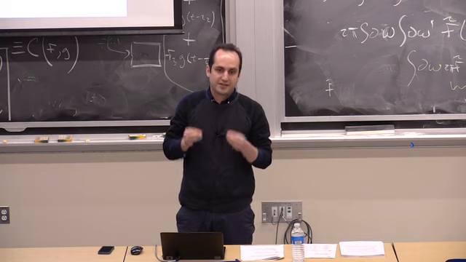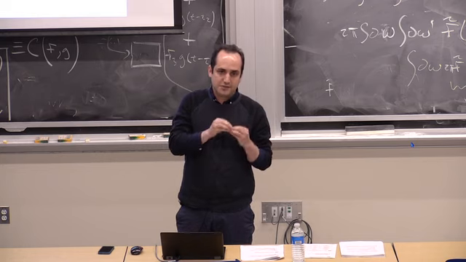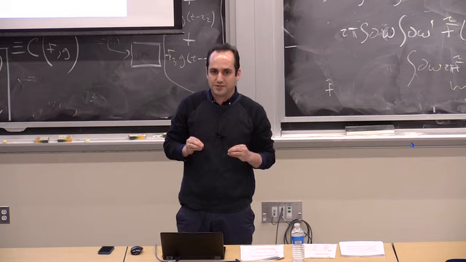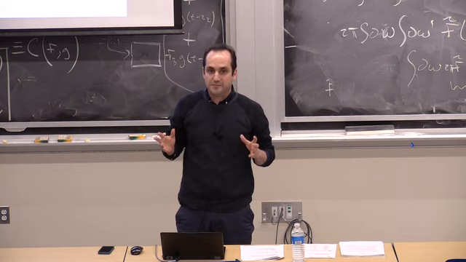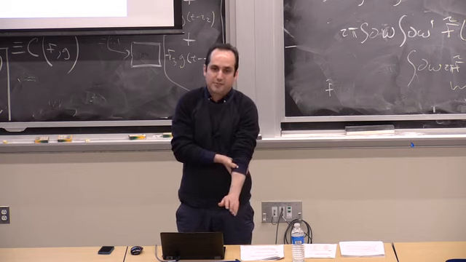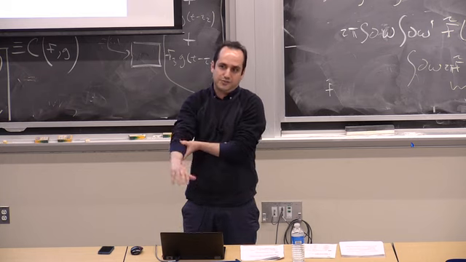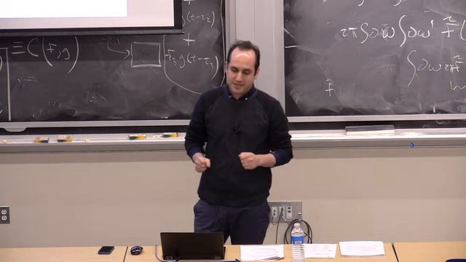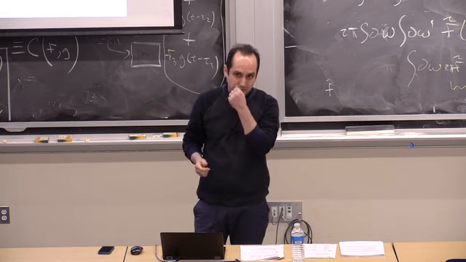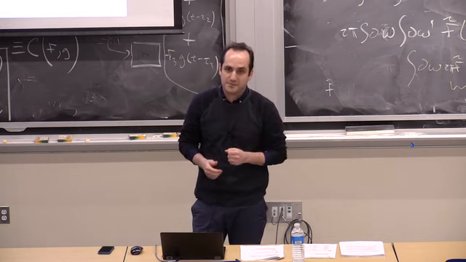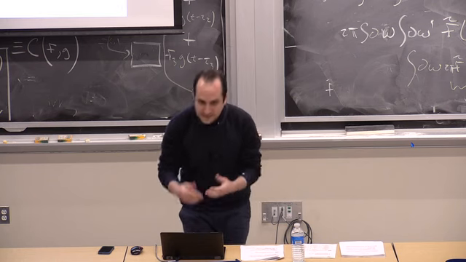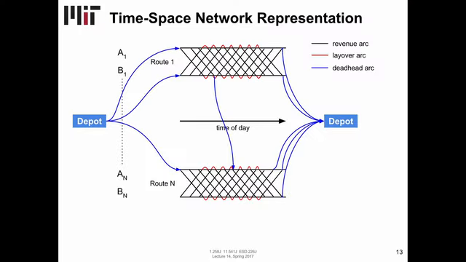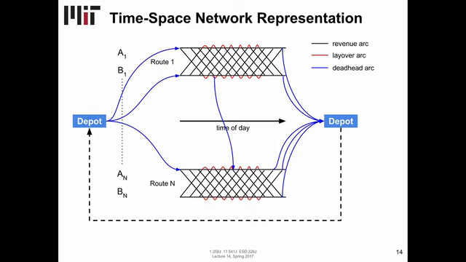And there are efficient algorithms that use this representation to solve the optimization problem. So whenever we can present an optimization problem in a network structure, we do that because we have really elegant algorithms in network flows that can be used to solve optimization problems.